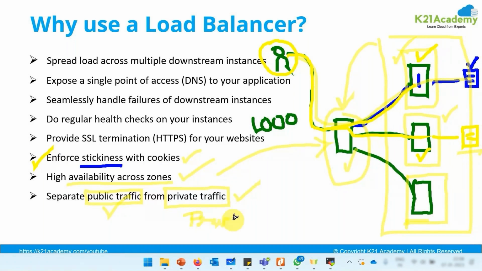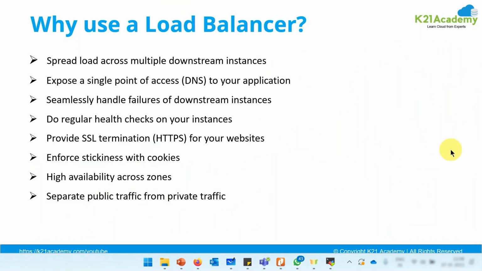There will not be any public IP on it. But with the internet load balancer, there will be a public IP associated with the load balancer. So we can create both types of load balancers, whatever we require: internet or intranet.